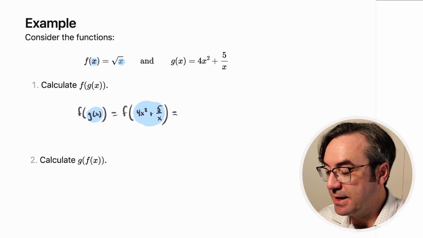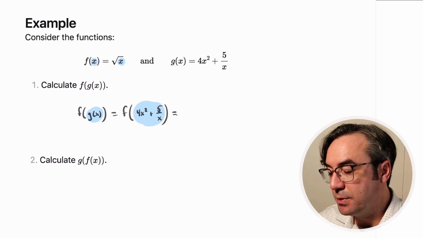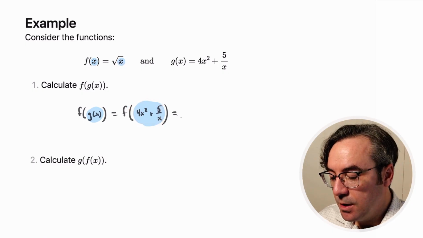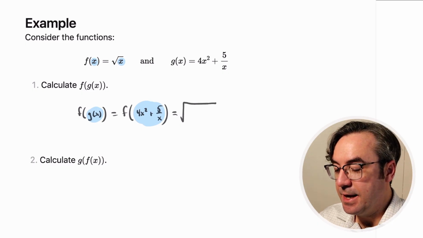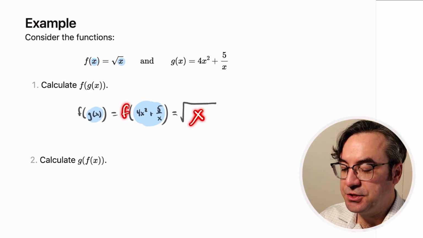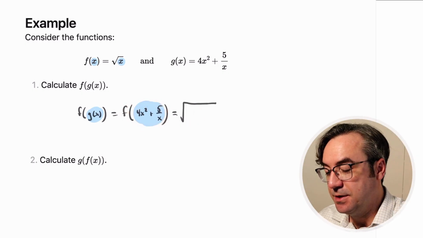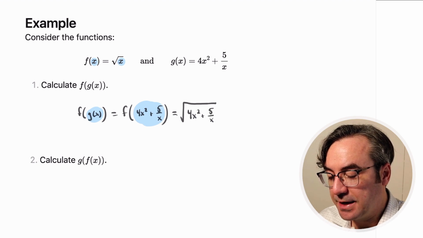So wherever we see an x here, replace this x with this, replace this x with that. So we've got a square root. And normally f would say this is just going to be square root of x, but it's not just going to be x, it's going to be all of this. So it's going to be the square root of 4x squared plus 5 over x.